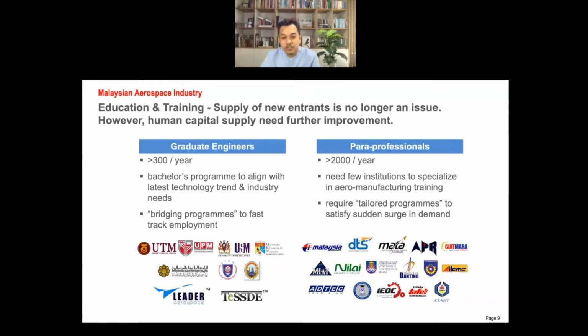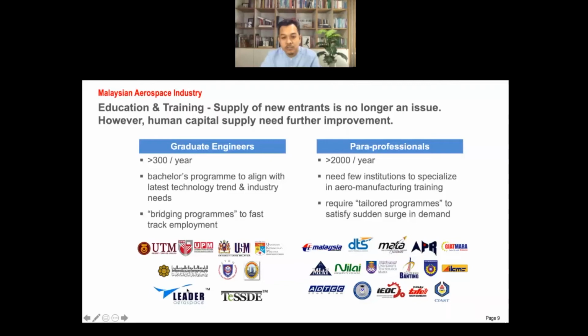UKM looks into the astronomy side of it, the space science. UTHM offers a Bachelor of Aircraft Maintenance Technology, as well as piloting, and I think these are the MRO activities. At UniKL, there are so many aircraft maintenance programs. There is also the Leader Aerospace program.